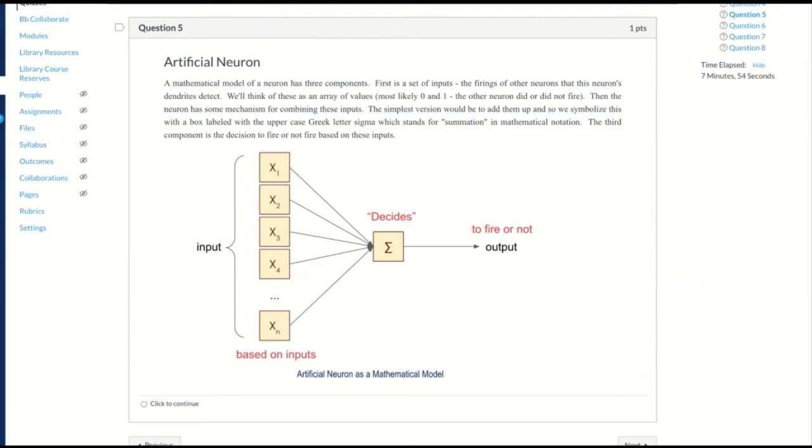And then the nucleus of the mathematical neuron is going to be something that sums up, and we use the Greek letter sigma here to signify that, it's going to sum up the inputs, and then based on some criteria, decide whether to fire or not. So whether to output a 1 or output a 0.